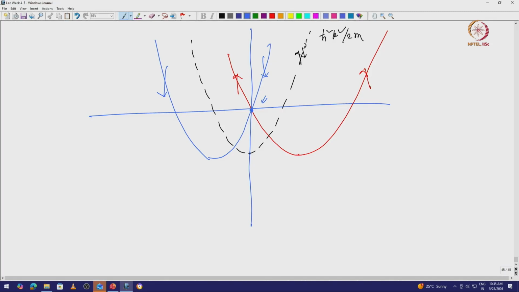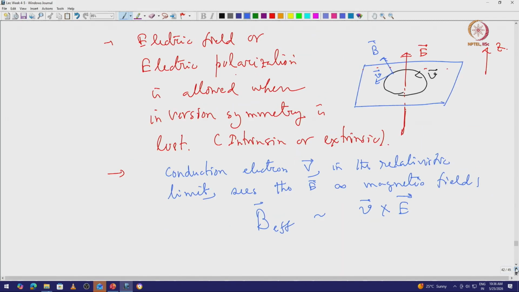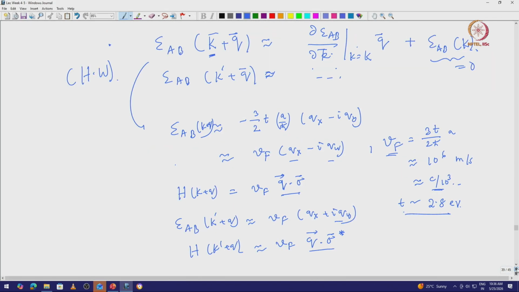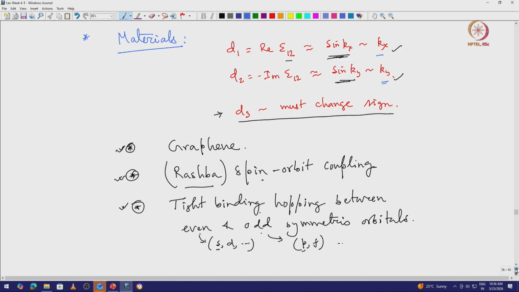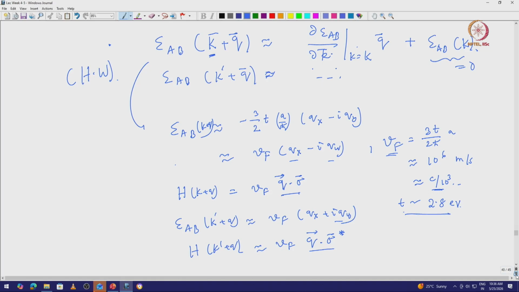Okay. So this is a very different splitting from Zeeman coupling, because here the magnetic field is k dependent. So this also turns out to be a very important term, because it gives exactly the term that we need. Maybe kx is coupled to sigma y and ky is coupled to sigma x, but that does not make much of a difference.